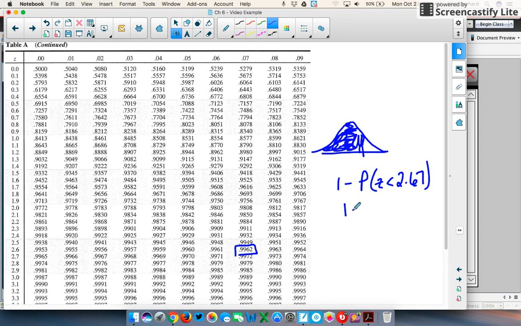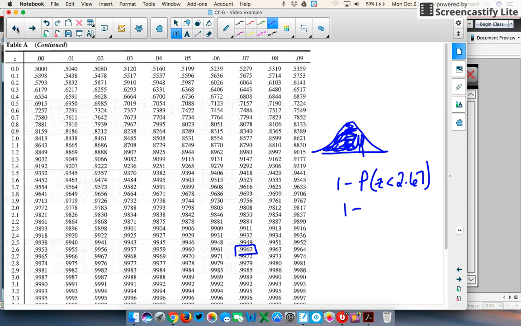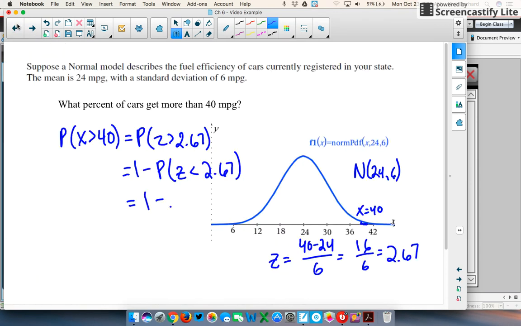So that's going to be 1 minus 0.9962, which is going to be 0.0038.